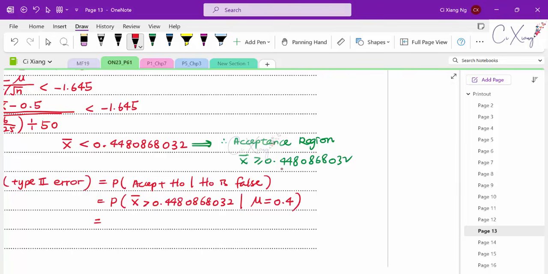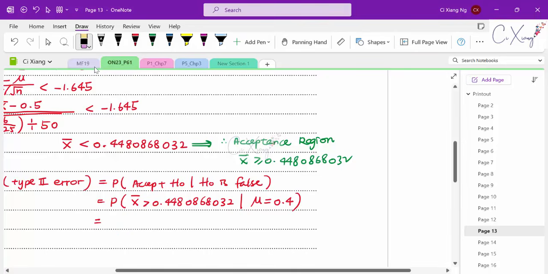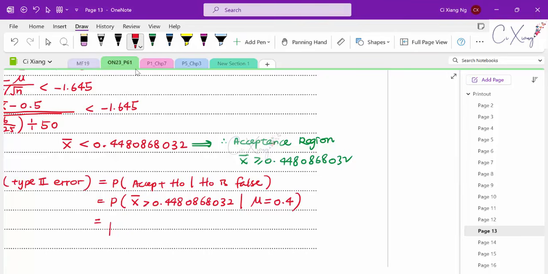So how can I calculate the probability for the sample mean here? This is again a normal distribution, because the sample size is large. Therefore, to calculate the probability, I have to change it to z. How to change it to z? You have to standardize it. To standardize a variable from x to z, you have to minus the mean, and the mean that you use now cannot be 0.5 anymore.